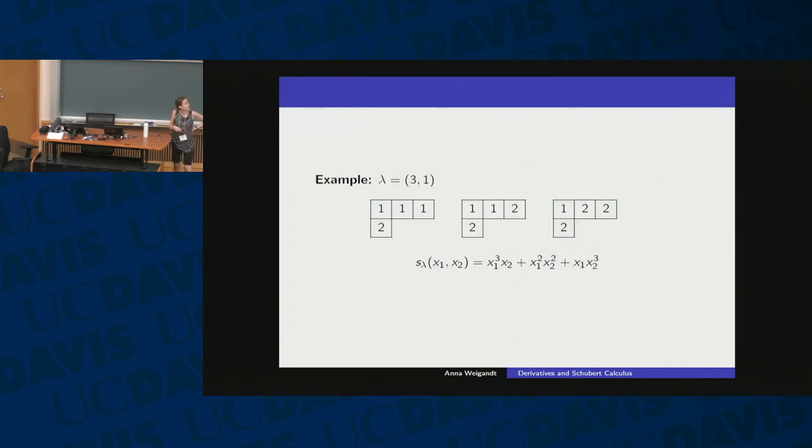For instance, if we have the partition (3,1), here's our Schur polynomial in 2 variables. We're only allowed to use numbers 1 and 2. If we wanted it in 3 variables, we'd allow ourselves a 3, and so on. So you fix your number of variables, and then you have a polynomial that's symmetric in those variables by this recipe.